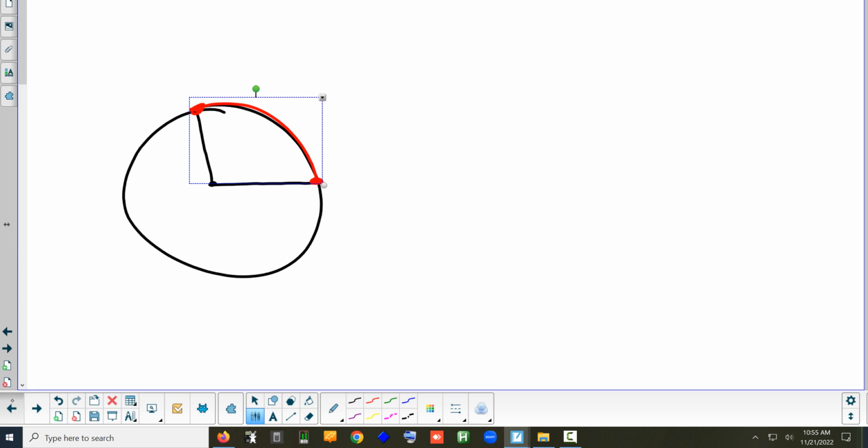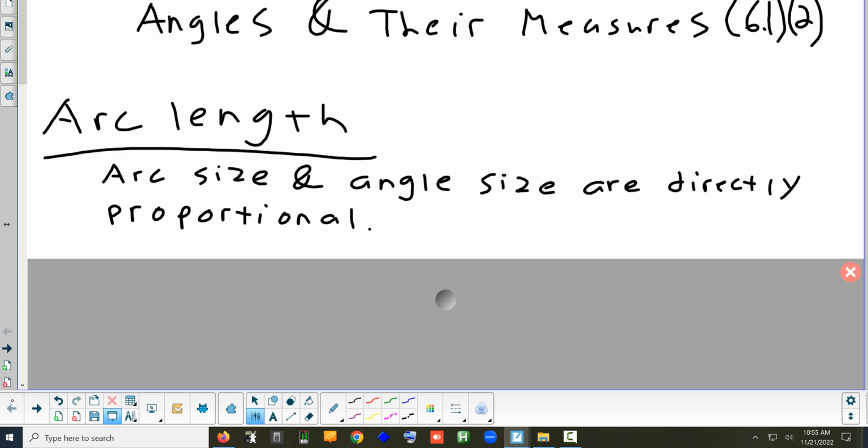So the arc size and the angle size are directly proportional. If you make the angle half as big, then you make the arc half as big. If you make the angle 5 times as big, you make the arc 5 times as big. They're directly connected.